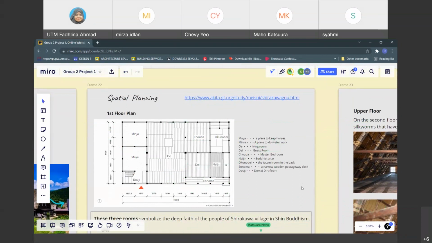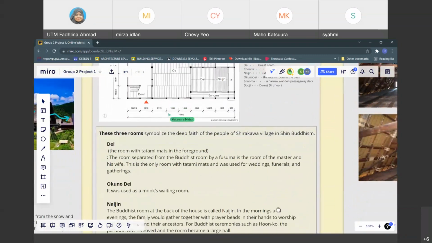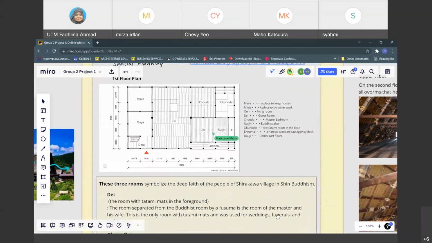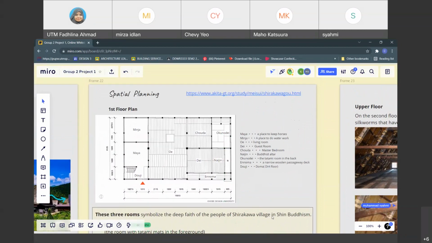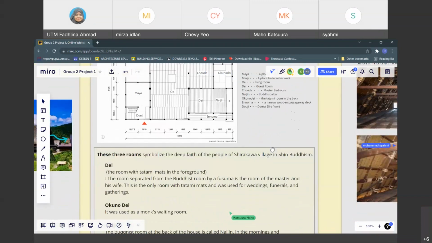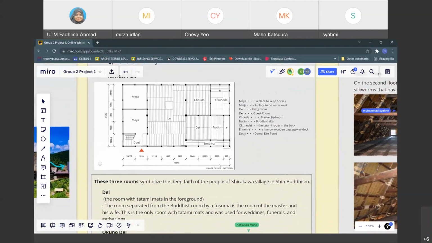And I will explain about these three rooms, Day, Okuno Day, and Naijin. These three rooms symbolize the deep faith of the people of Shirakawa village in Shin Buddhism. Day is a room separated from the Buddhism room by a usuma.